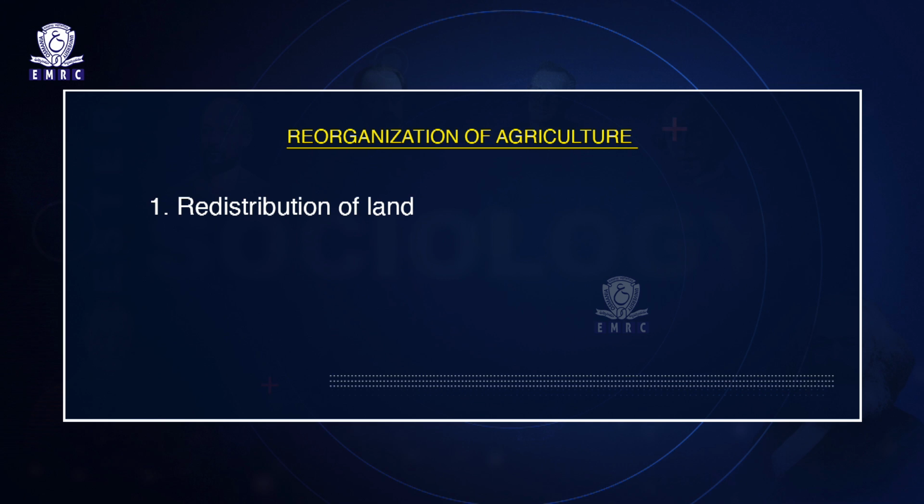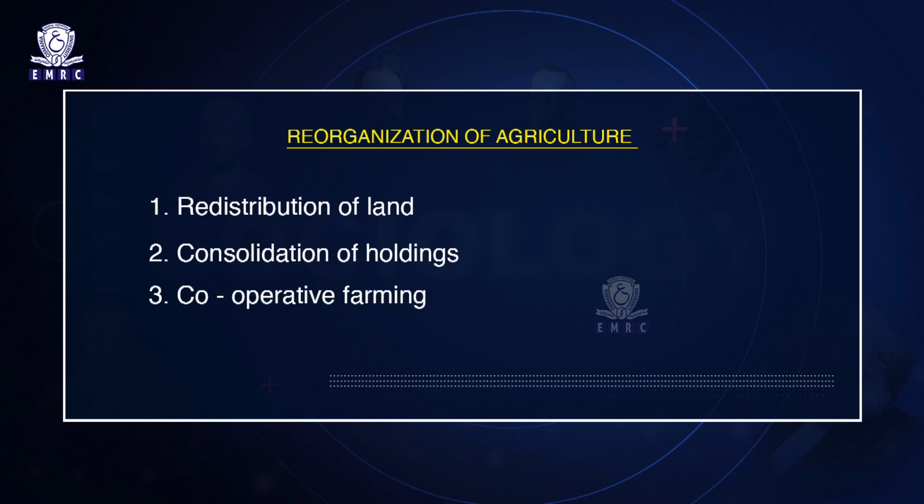Reorganization of agriculture included the following policies. Number 1, redistribution of land. Number 2, consolidation of landholdings. Number 3, cooperative farming.